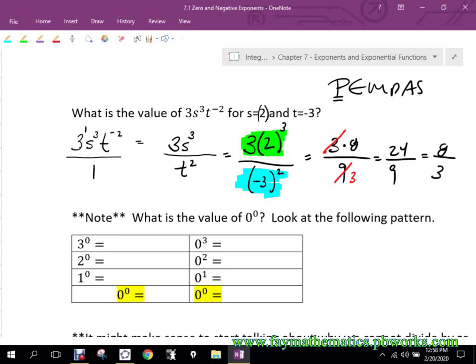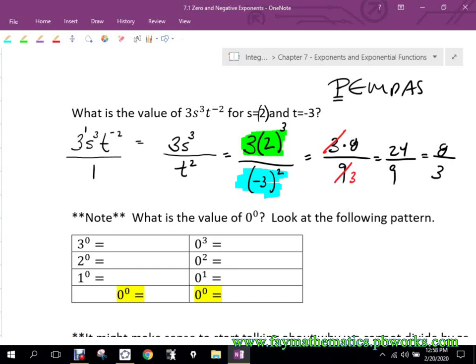One said that it was undefined, the other one said it was 1. Okay? So I want to talk about these two ideas, division by 0 and raising 0 to the 0 power, and talk about how maybe looking at patterns and relationships, we can kind of judge and maybe determine a reason why we can't do these things.